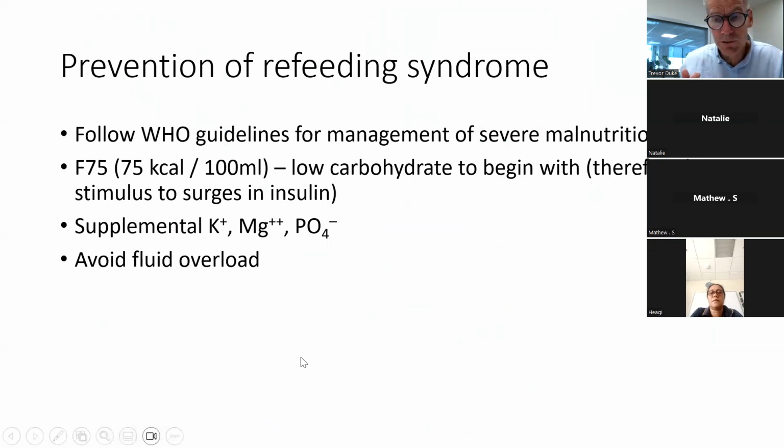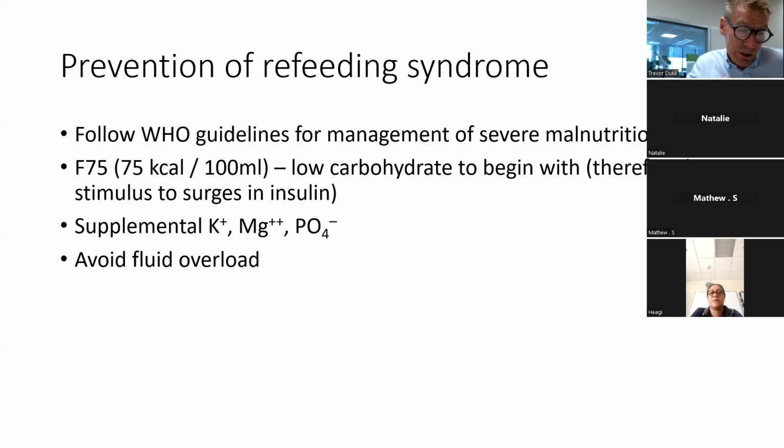The best way to prevent all this is to follow the guidelines. And those 10 steps I showed you earlier, following WHO guidelines for the management of severe malnutrition, and using the guidelines on the type of feed that's given, F75 to begin with, and therefore later on F100, when the child's stable, when their edema's resolved, when they have had supplemental electrolytes, their potassium, magnesium, phosphate, when they've had their multivitamins, the thiamine, all of that has been very well worked out, I think, and that's why following that guideline is very important.